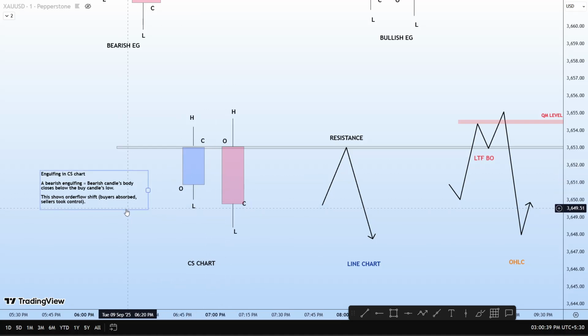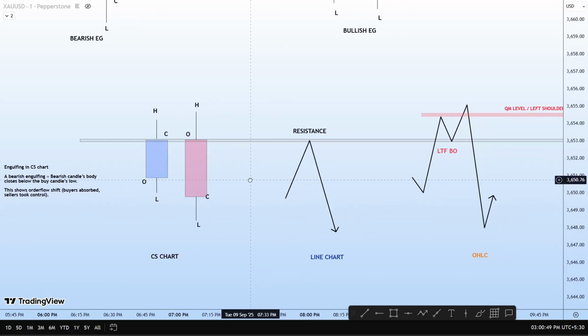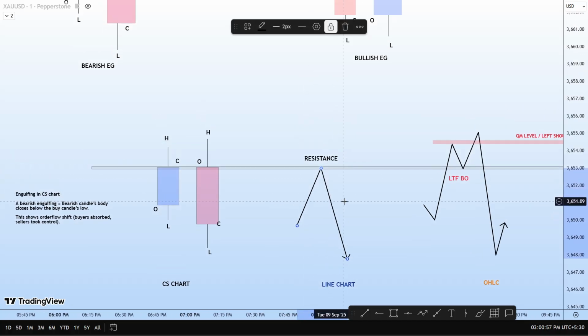That means the buyers were absorbed and the sellers took control. That is the meaning behind the engulfing pattern. Okay, very basics. So when we compare this with the SnR concept or the closing price, it just forms a resistance, right?